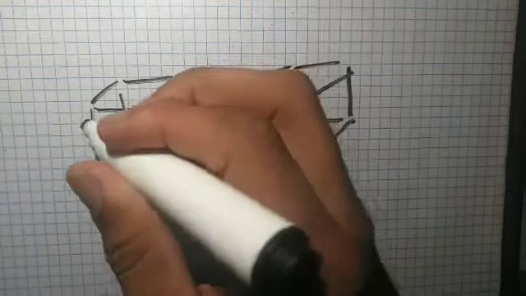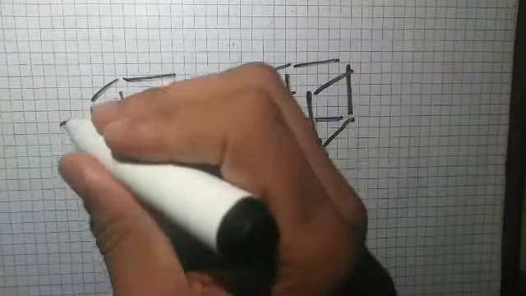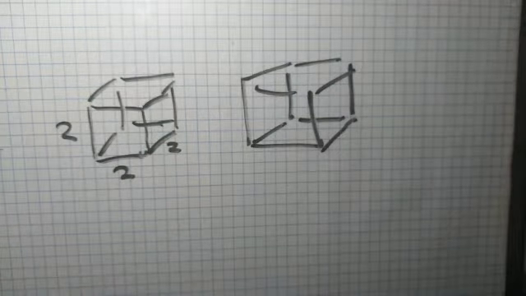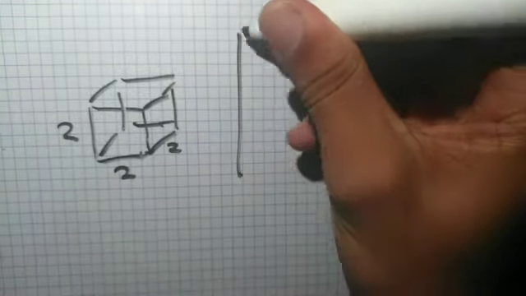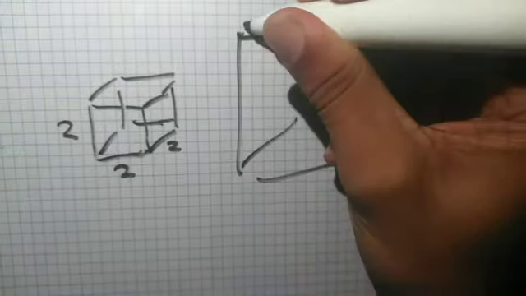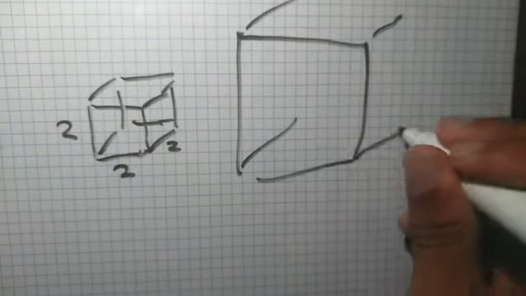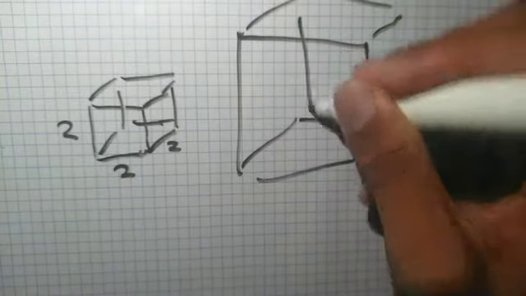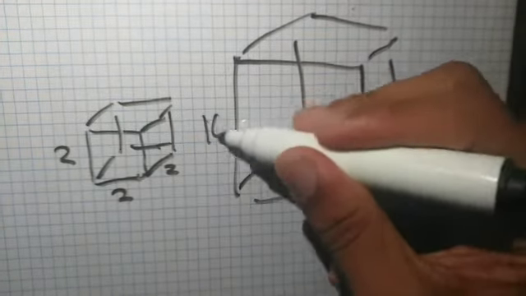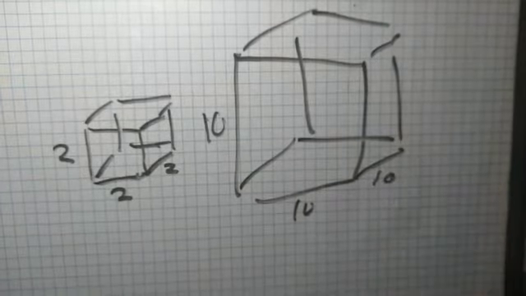Let's say this one has dimensions 2, 2, 2. And let's say this one has dimensions of 10, 10, 10. Let's make it a little bit bigger for reference. Hopefully it doesn't get confusing the larger I make it.